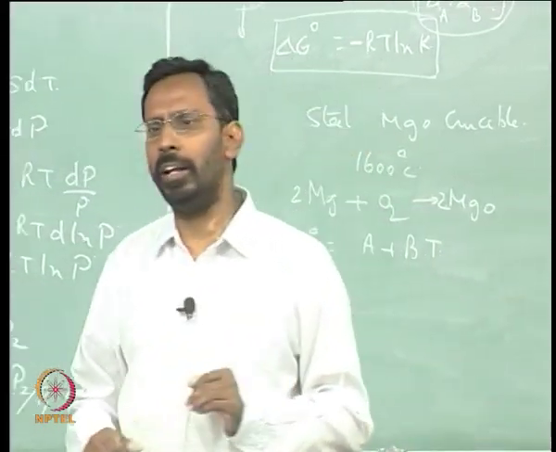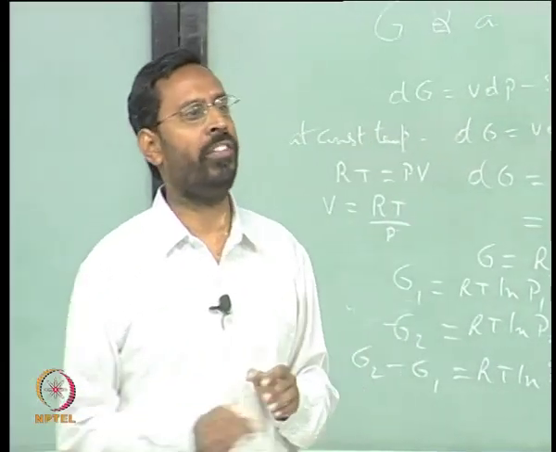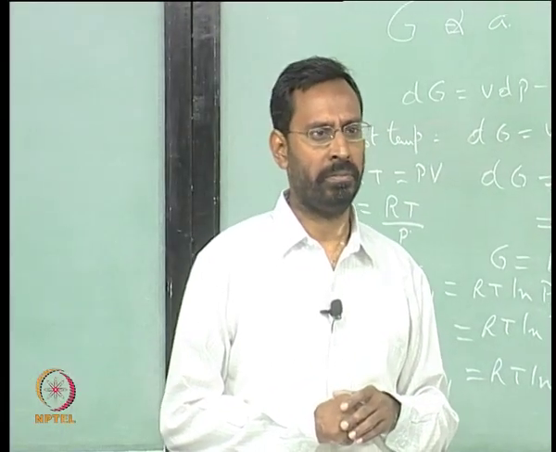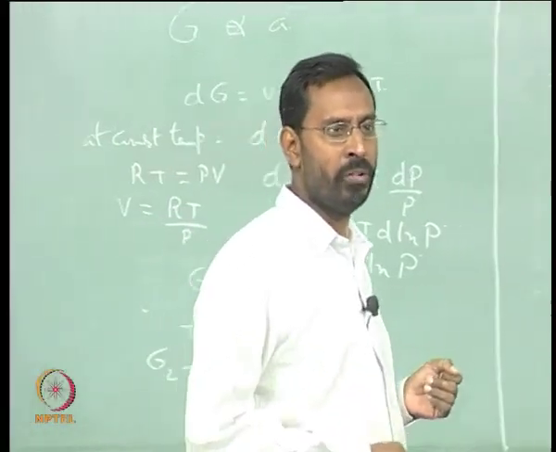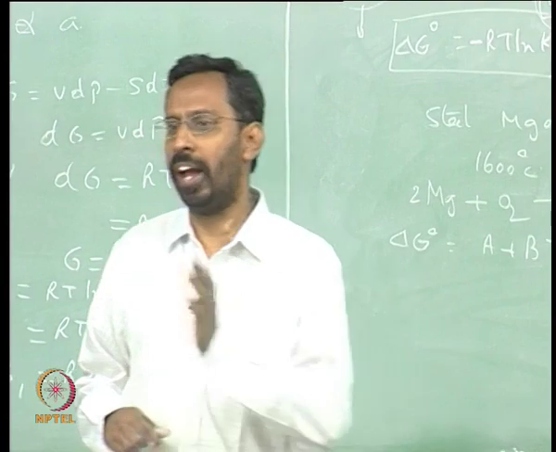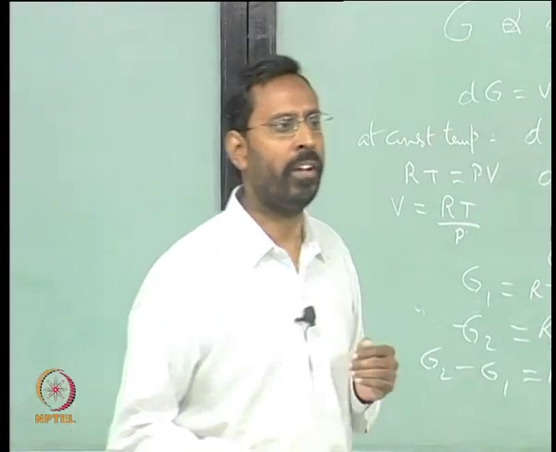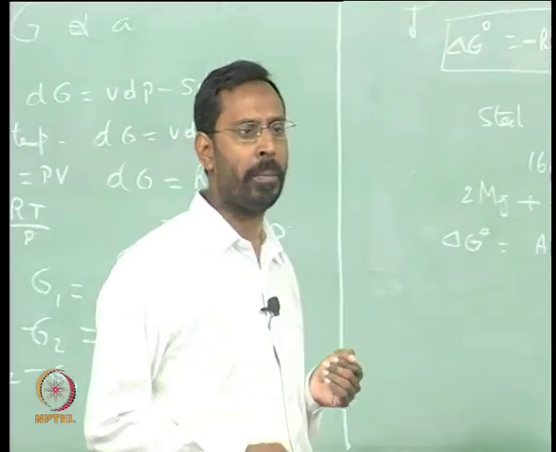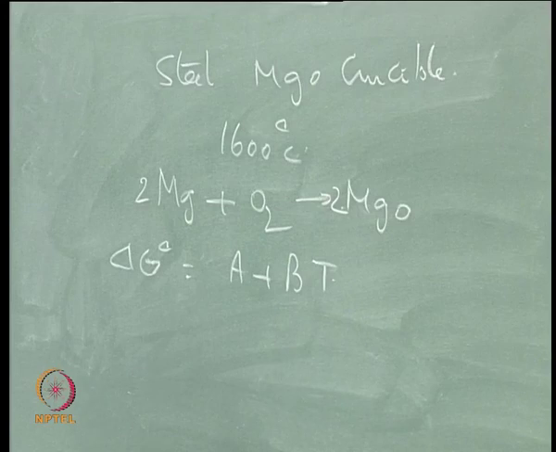The thing that is easily measurable for any reaction is the enthalpy change, because that is something you can measure using a calorimeter. So, measure the enthalpy change at various temperatures for a reaction, and keep the pressure constant, because we are all talking of delta G naught there.